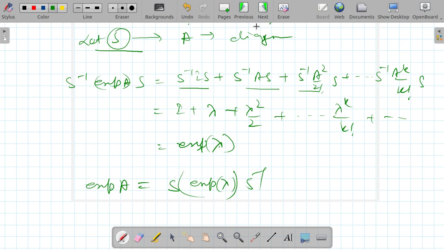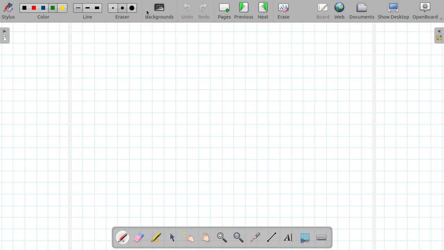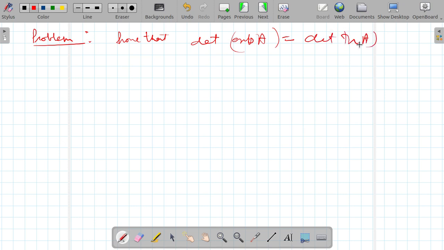Let us do one problem relating to it. The problem is that we have to prove that determinant of exponential of A must be equal to exponential of trace of A. So let us start. Since we know that S inverse A S is equal to lambda, A can be written as S lambda S inverse.